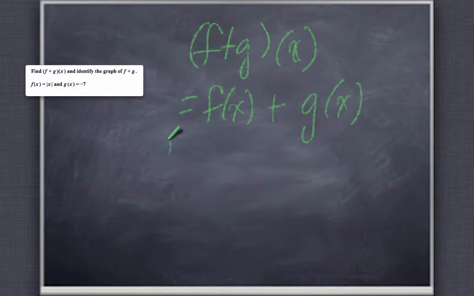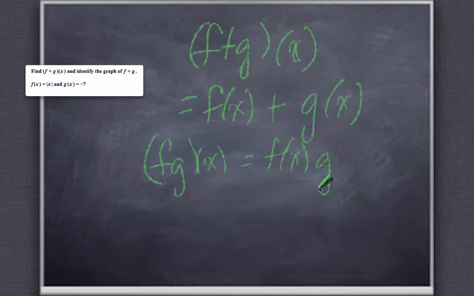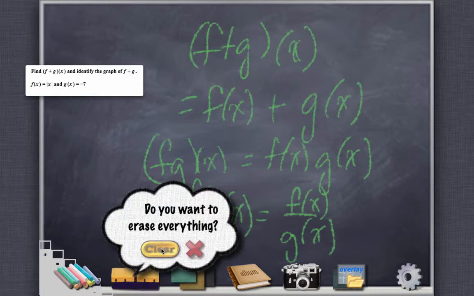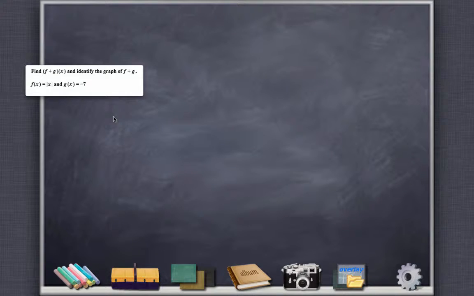Same with minus. fg of x is f of x times g of x, f over g of x, f of x over g of x. So these kind of all do exactly what you'd prefer that they do if you were able to just define however you wanted them to.